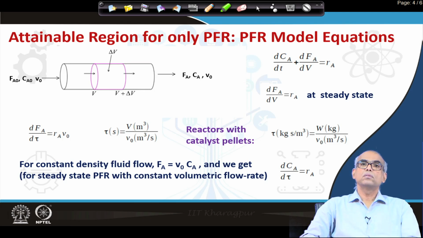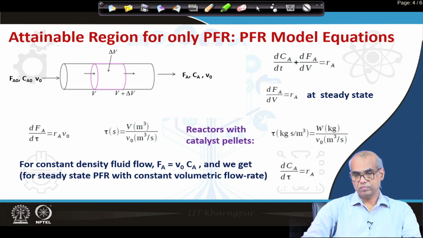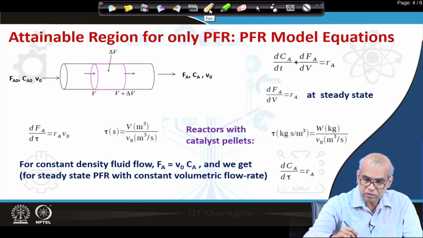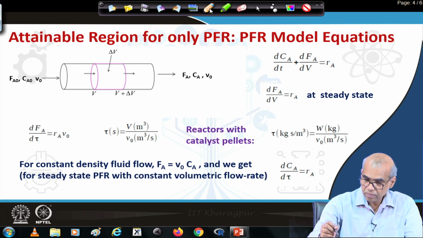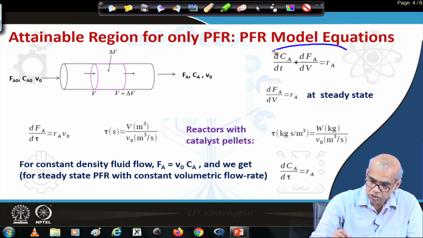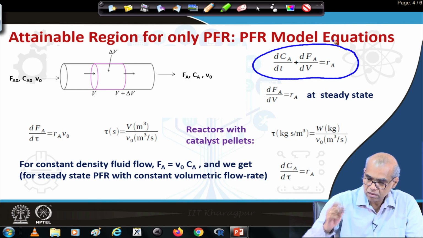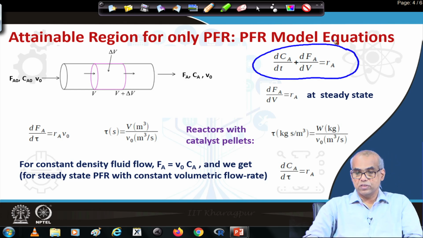Now, we will first consider the case of plug flow reactor. So, let us first start with the model equation of plug flow reactor. The mass balance equation for a plug flow reactor at unsteady state can be written as this.